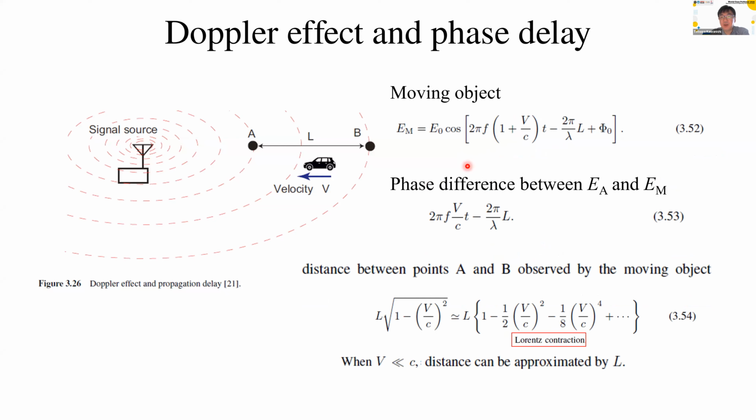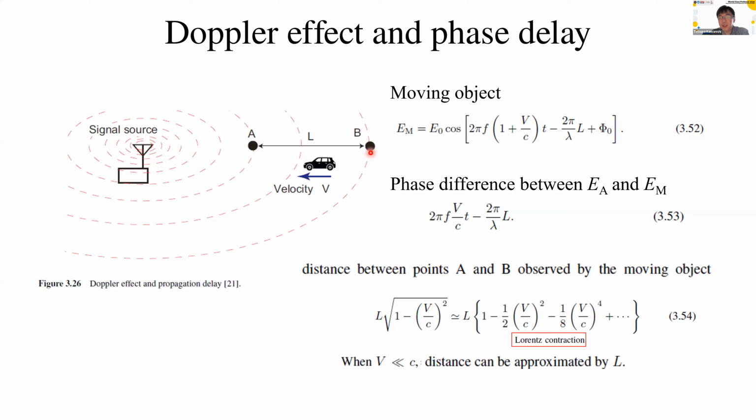Okay, here I'd like to explain the Doppler effect. Now consider a moving object moving from point B to point A. If we observe the electromagnetic wave from the moving object, the frequency will be shifted due to the Doppler effect, as I mentioned.